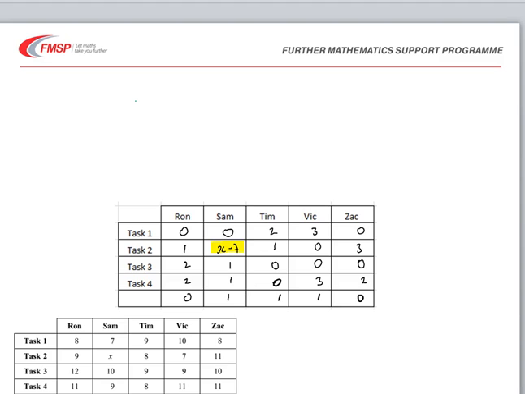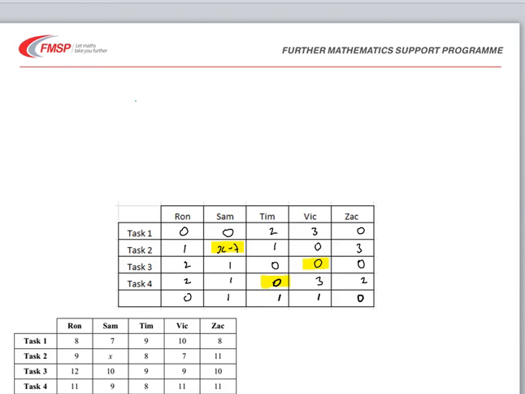We're asked then to work out the possible ways of minimizing the number of minutes taken, so the possible allocations. Well, if we look at the table then, Sam's doing task 2. That means that Vic must do task 3, and that leaves Tim doing task 4. But we're then left with alternatives, so let's just write down that first bit first.